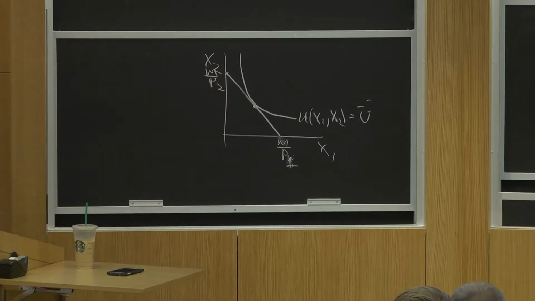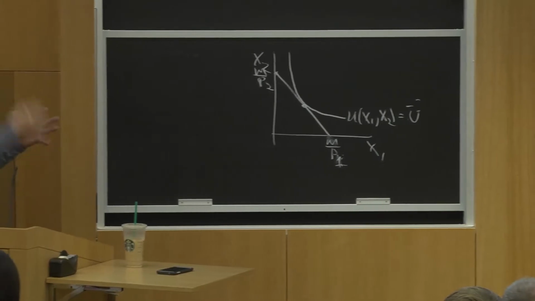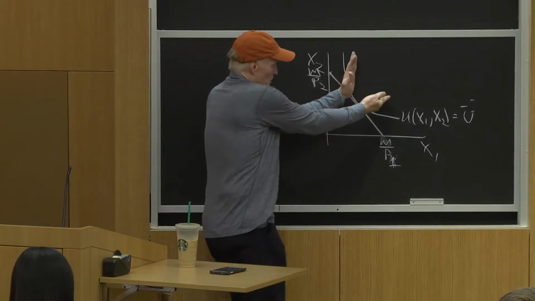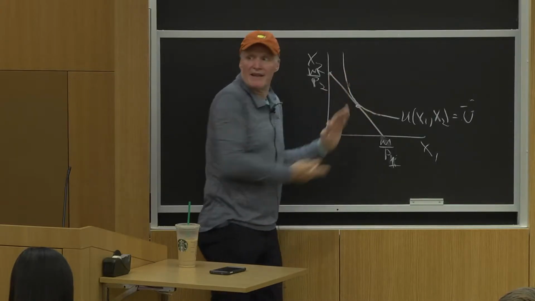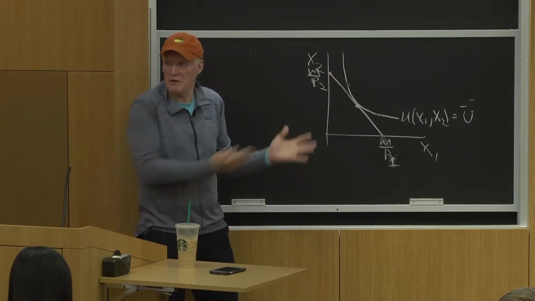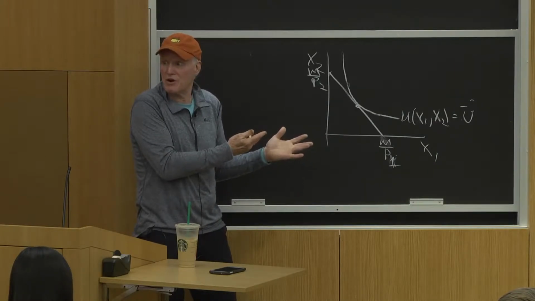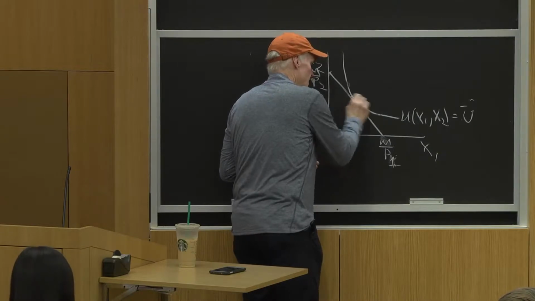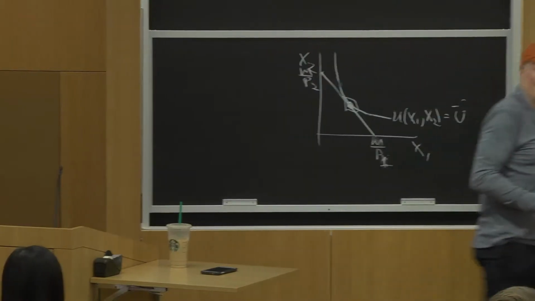And you might ask, is this guy maximizing utility subject to that budget constraint? Or is he finding the least budget he needs to get to that level of utility? And the answer is, I don't know. Looking at the picture, I can't tell you which one he started with. But that same point is going to characterize both of those, right?